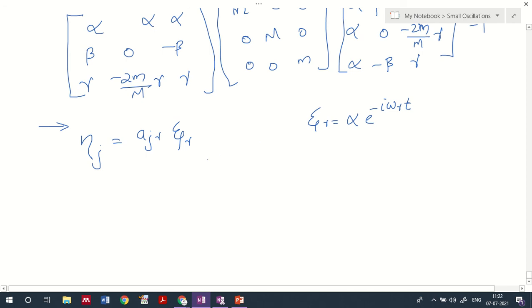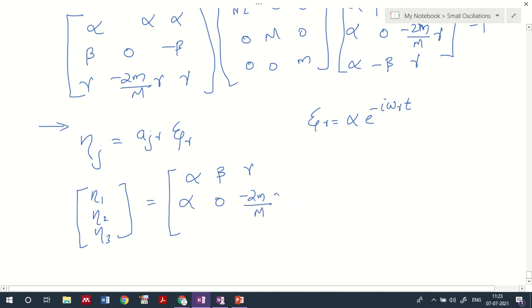Hope you remember what zeta r is. Now we represent eta j in terms of a matrix: eta 1, eta 2, eta 3 equals the Aij matrix that you already know, alpha, beta, gamma, then alpha, 0, minus 2m by capital M gamma, then alpha, minus beta, gamma, multiplied by zeta r.